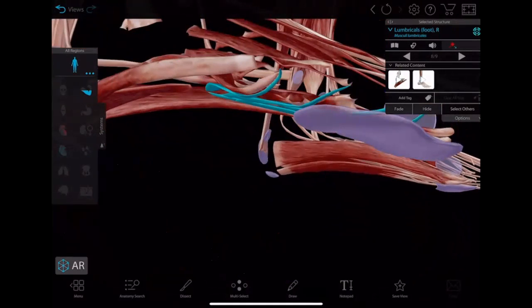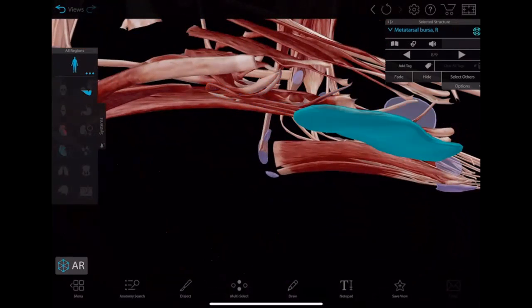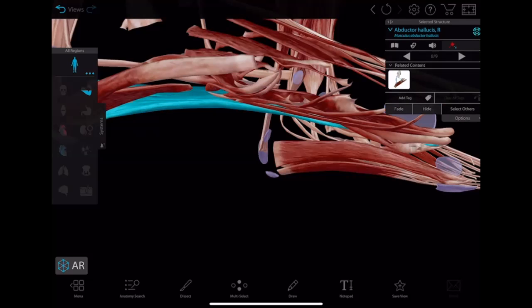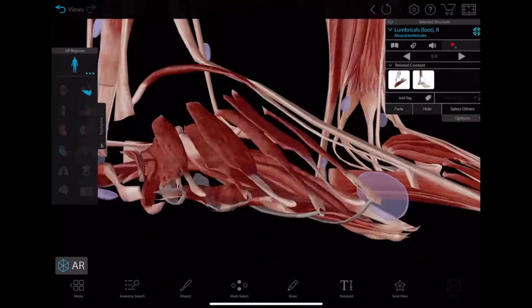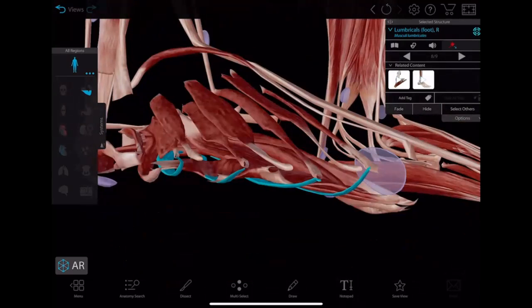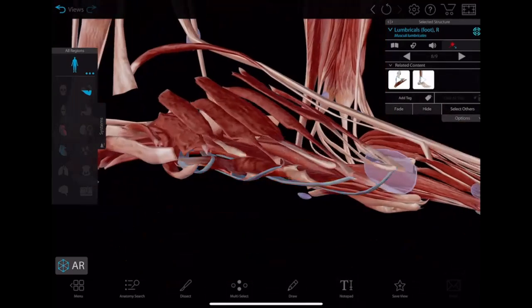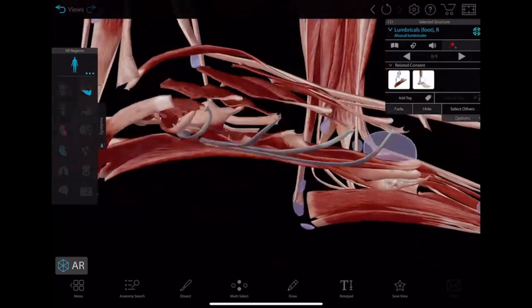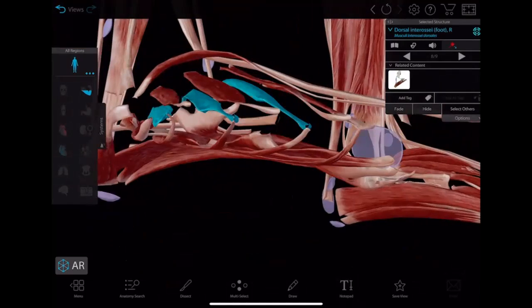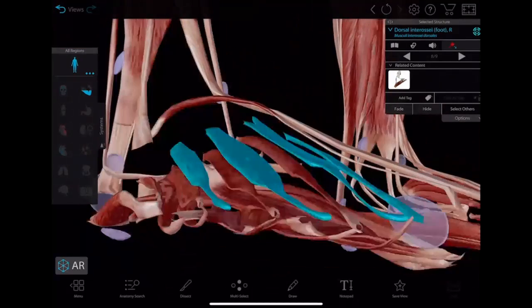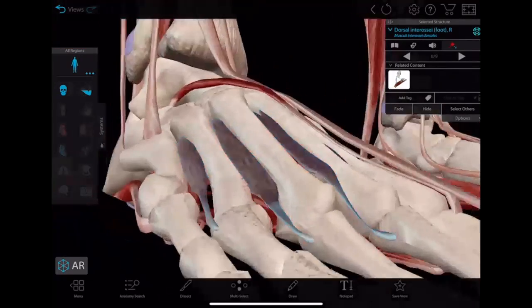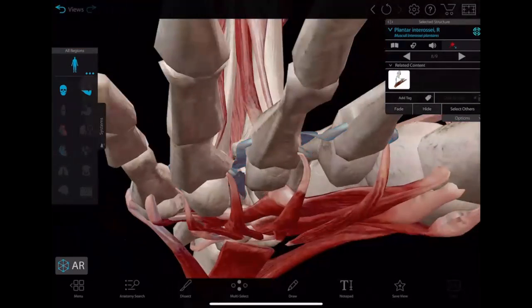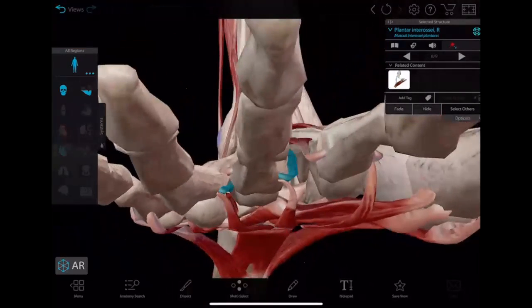Okay, so those are the lumbrical muscles. Lumbricals are embedded in the sole, whereas the interossei are more in the dorsal aspect, right? Plantar and dorsal, right? You see. So those are the dorsal interossei, and those are the plantar interossei, right?